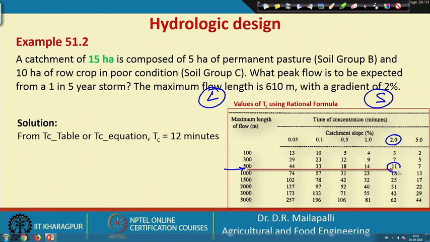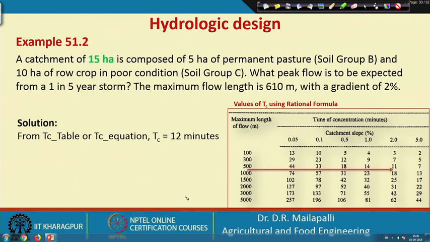So, you get around Tc of 12 minutes based on the interpolation method. That is the time of concentration. So, one parameter, time of concentration, is estimated.